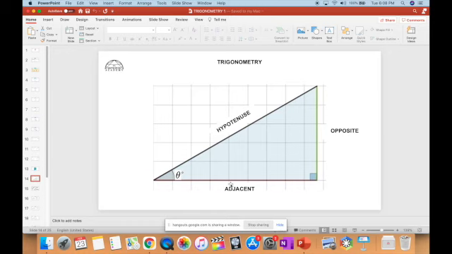So you can see here we have a right angle triangle, right? And it's really about knowing the sides. It's all about the sides of a right angle triangle.